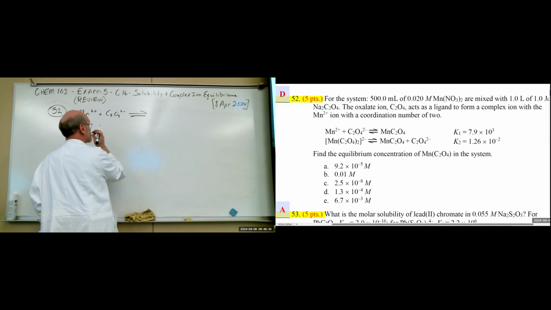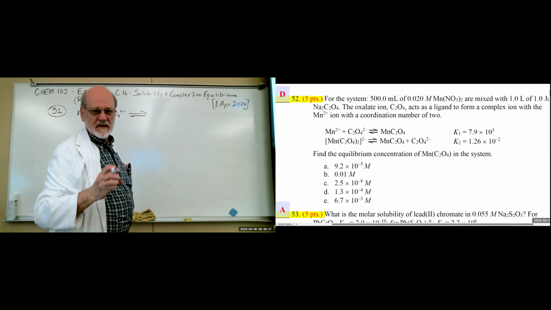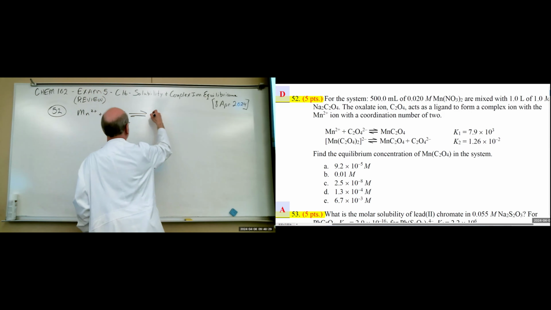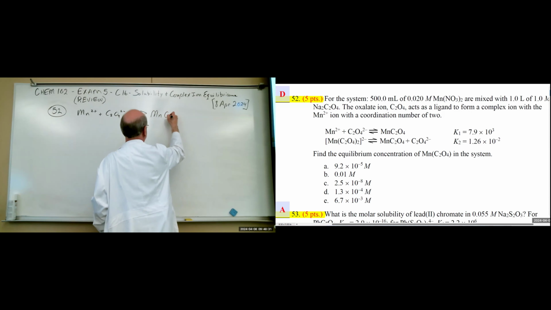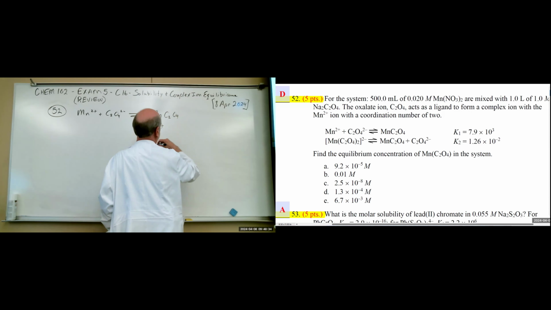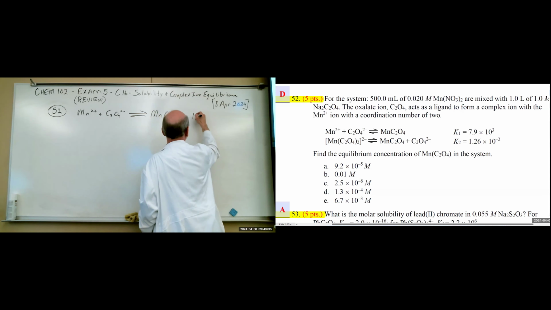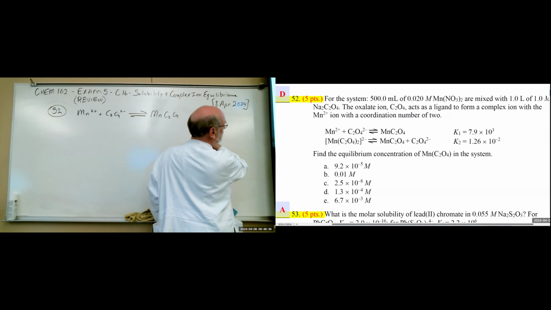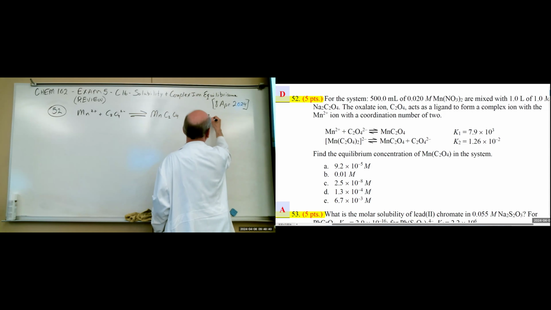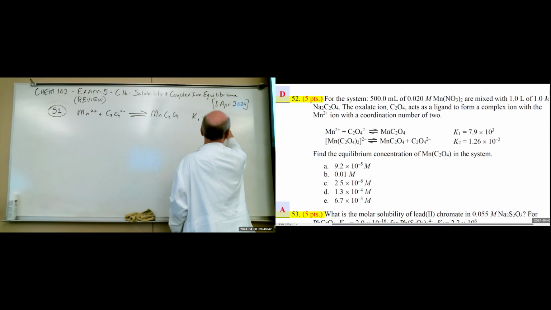I'm gonna leave the aqueous out of here because it gets in the way. The first ligand produces this one. And its K, its K1 is 7.9 times 10 to the 3.